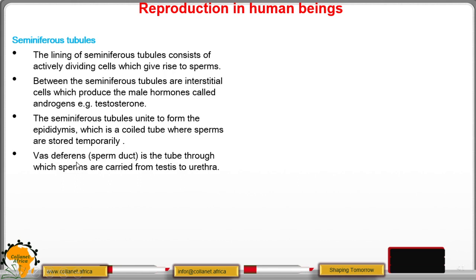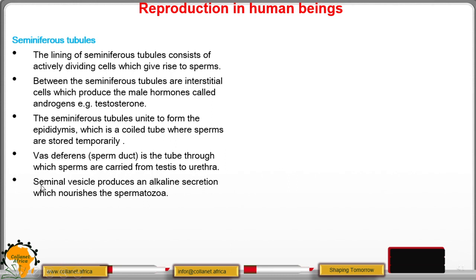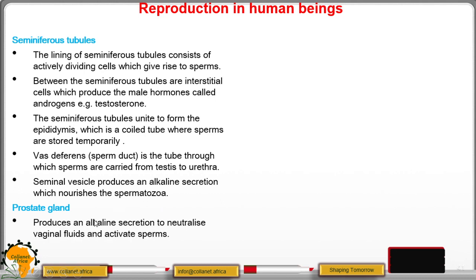The sperm duct, also called the vas deferens, is a tube through which sperms are carried from the testes to the urethra. We have the seminal vesicle that produces an alkaline or basic secretion which nourishes the spermatozoa. The prostate gland, on the other hand, also produces an alkaline secretion that counteracts the acidity of the vaginal fluid, as well as activating the sperms.